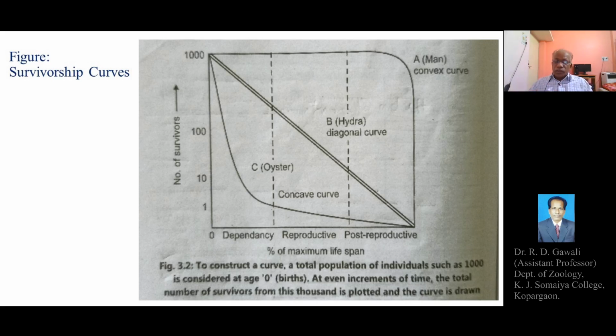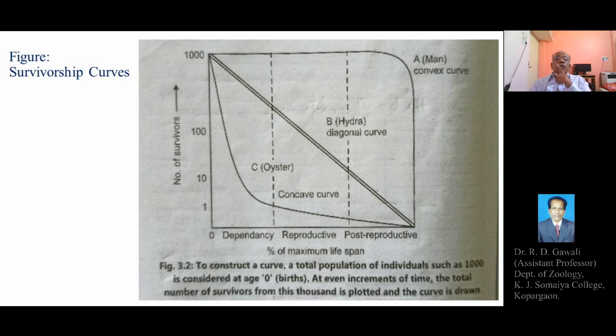Now we'll see the first type of curve, as we have explained, the three types of curves. That is a diagonal curve or a straight line curve. For example, in hydra or in birds, the curve is a straight line.